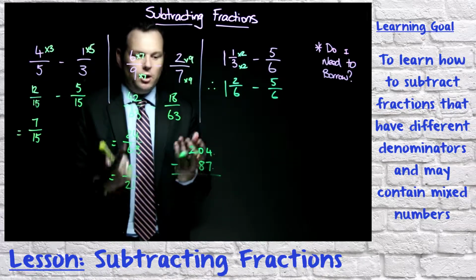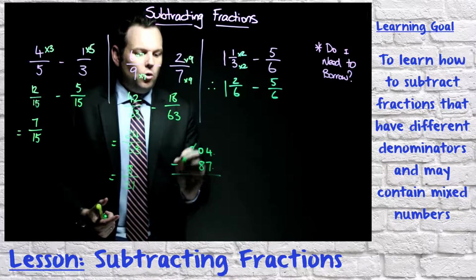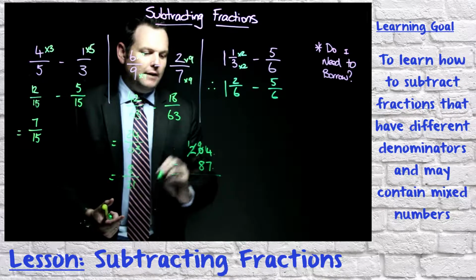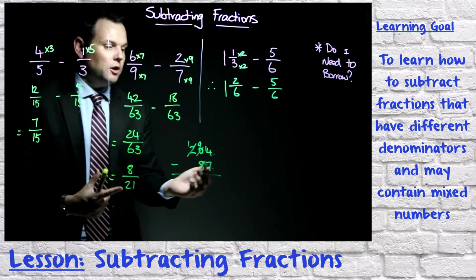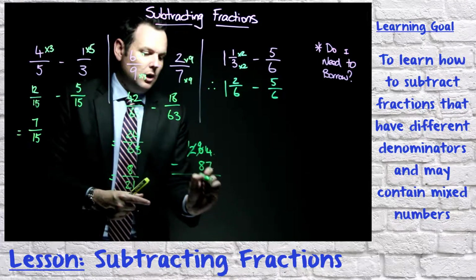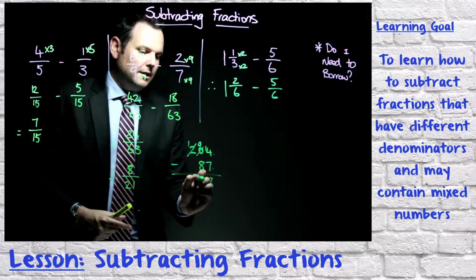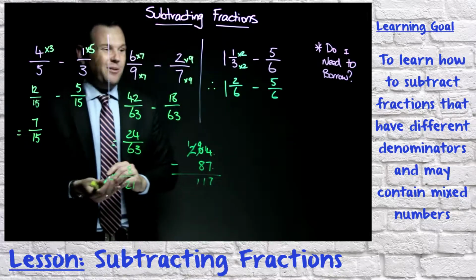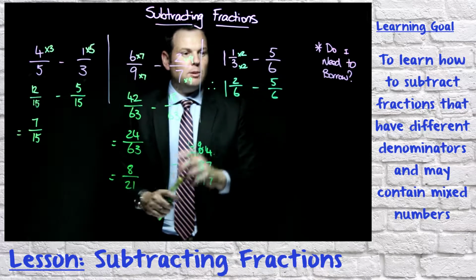I need to borrow. So we borrow all the way over here from the 2, and then I have a 9 there, and then I have a 10 here. And then I go, okay, well, I can do that now. I can do 14 take 7, which gives me 7, and 9 take 8, which leaves me with 1, and my answer is 117.